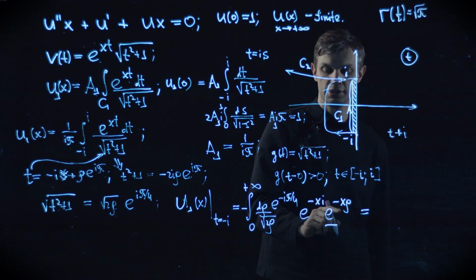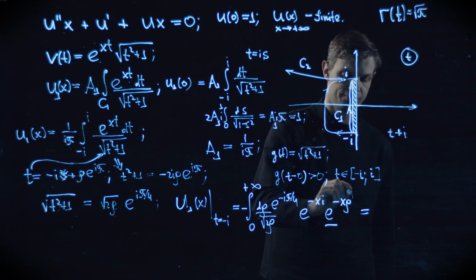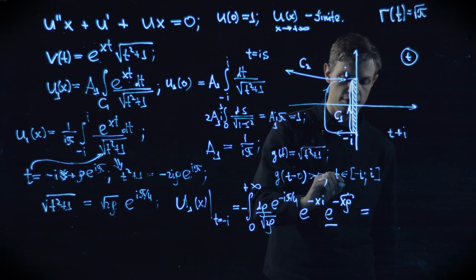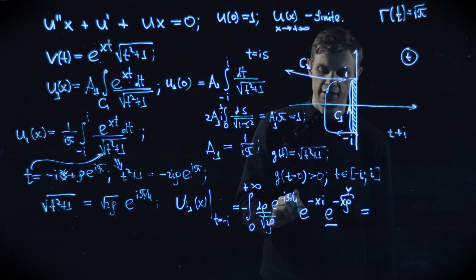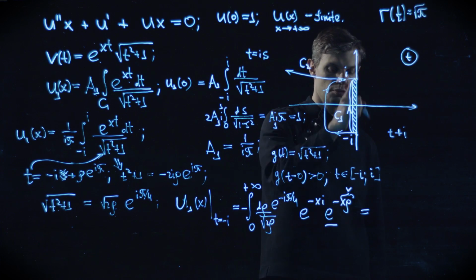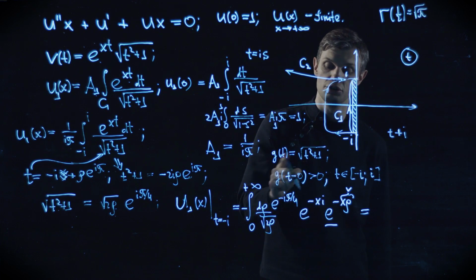So for this integral, if you don't remember, you should make a change of variable x rho equal to, whatever, v, and then there is an additional square root of x in the denominator.